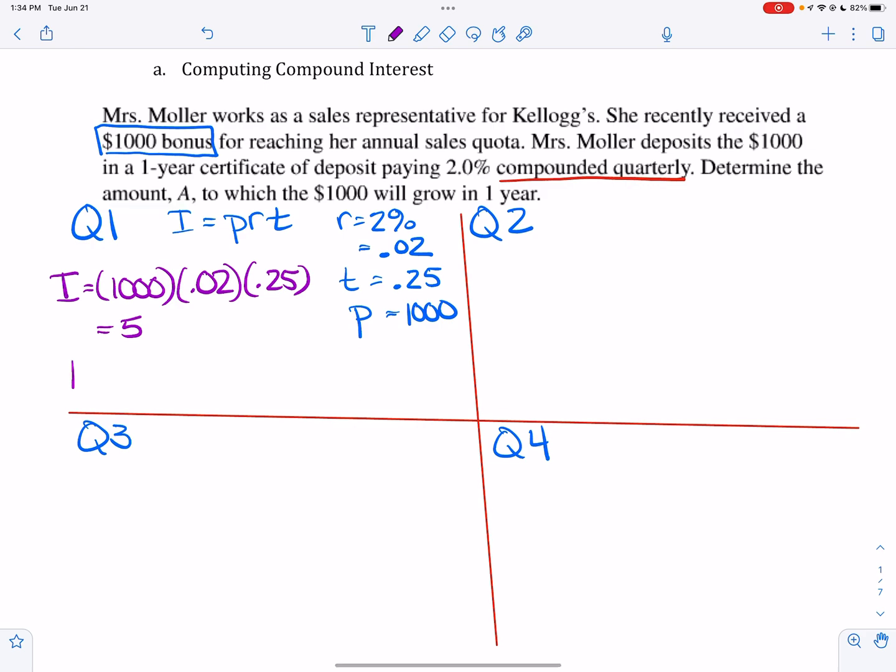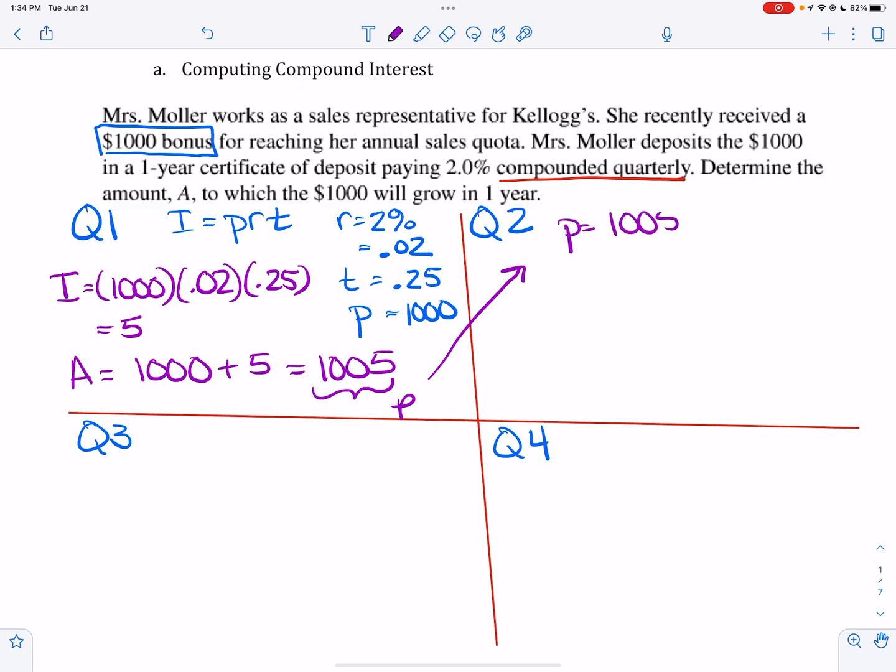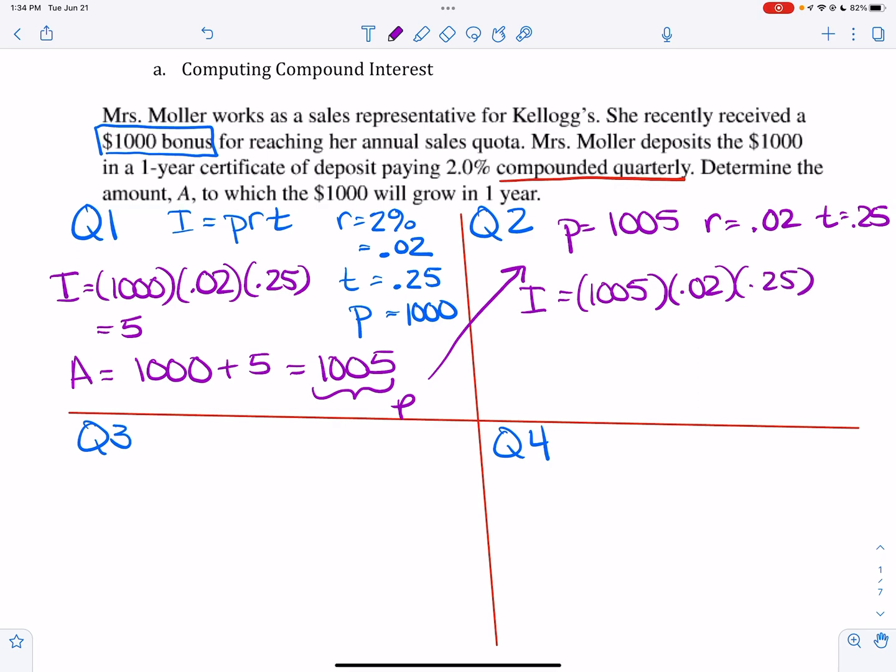So now in my account, I have $1,000 plus $5. So I have $1,005. This becomes my new principal for the next quarter. So principal is now $1,005. Rate is still 2%. Time is still 0.25. So the interest for the second quarter takes the new principal and multiplies all of this out.